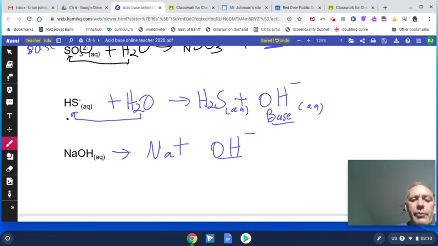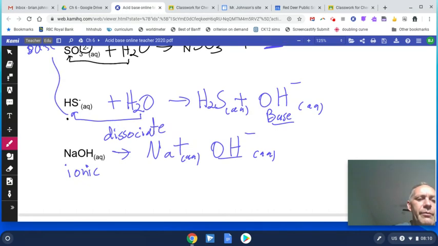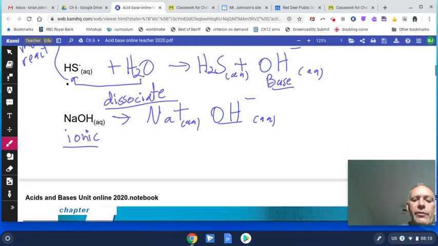There's our base. So remember, for ionics, all you do is dissociate. You don't need to go through a reaction with water like you did for these 3 molecular compounds. So moleculars react, ionics dissociate. You get the same end result, hydroxides every time.